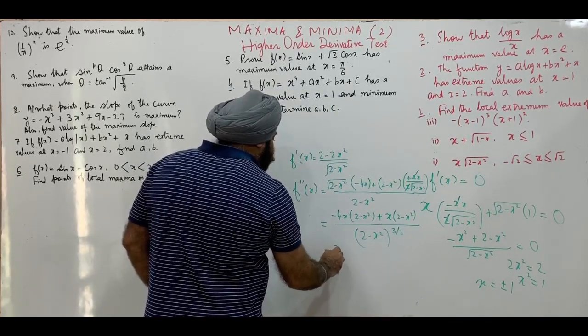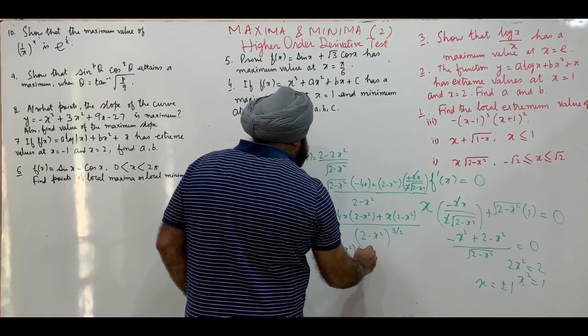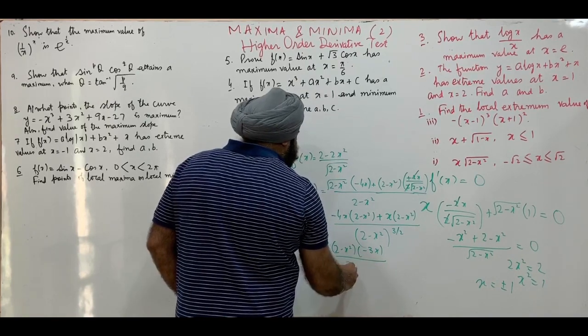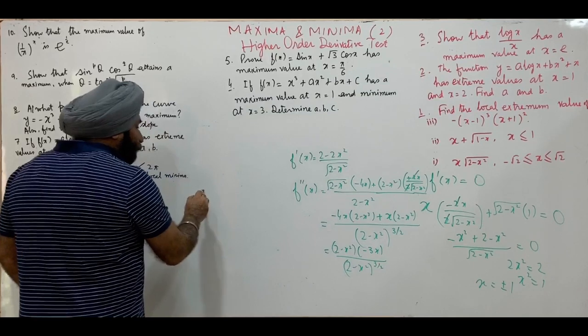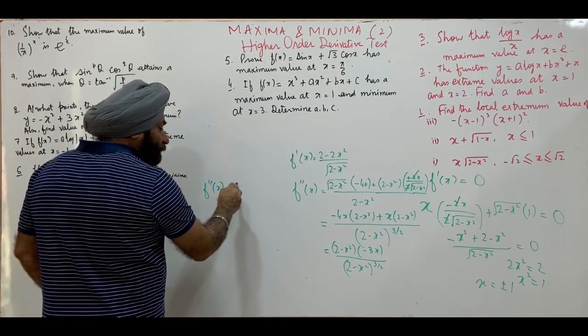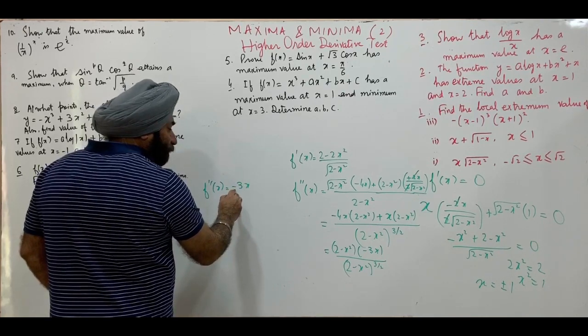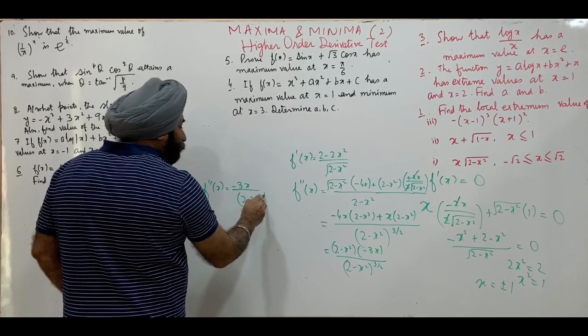Take 2 minus x square common: it's x minus 4x, that is minus 3x, upon 2 minus x square raised to the power 3 by 2. We can write f double dash of x as minus 3x upon 2 minus x square raised to the power 1 by 2.